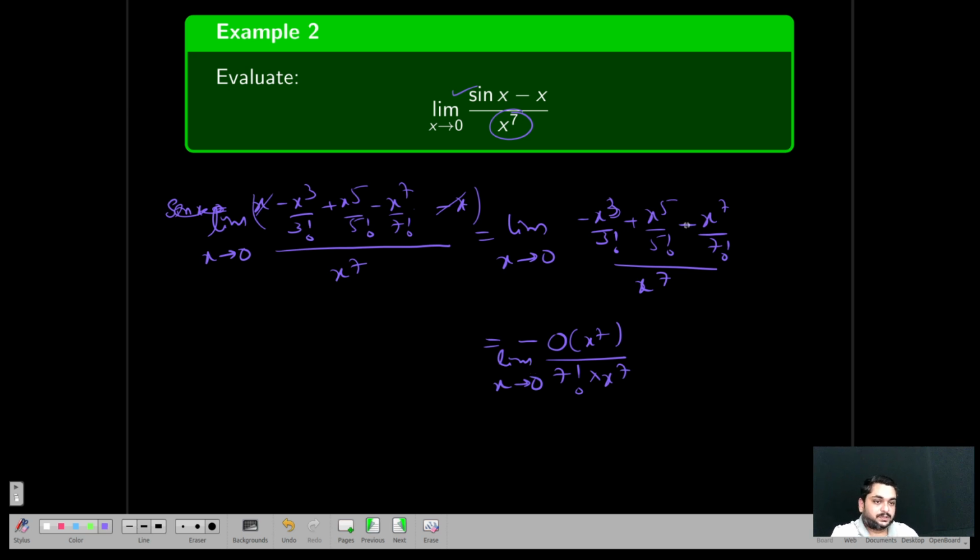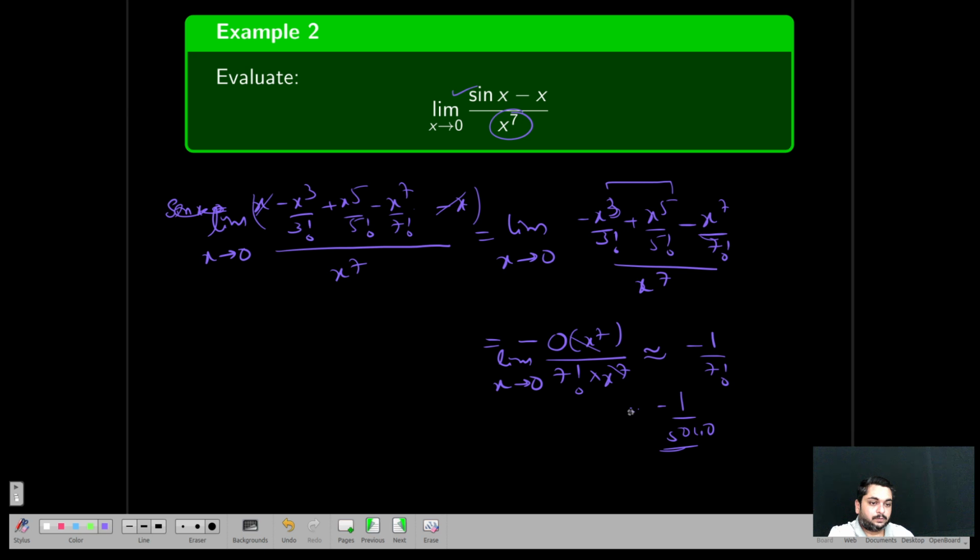That is approximation in the limits chapter I explained to you. So it is order of this x power 7. This is the dominant term. So I can directly write this because these are negligible compared to x power 7. So that means this is approximately equal to this. You can just say x power 7 by x power 7 becomes 1. So minus 1 by 7 factorial is equal to minus 1 by 5040.